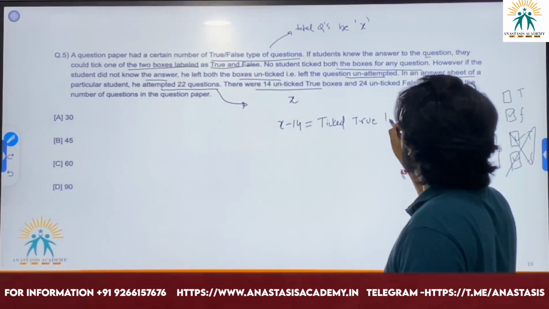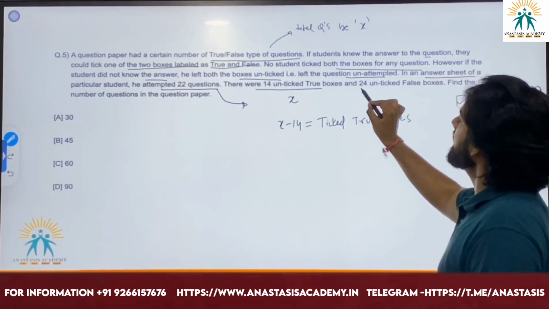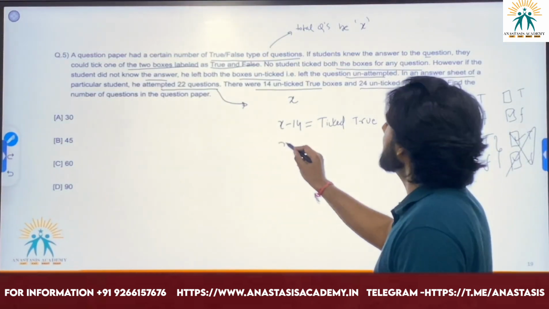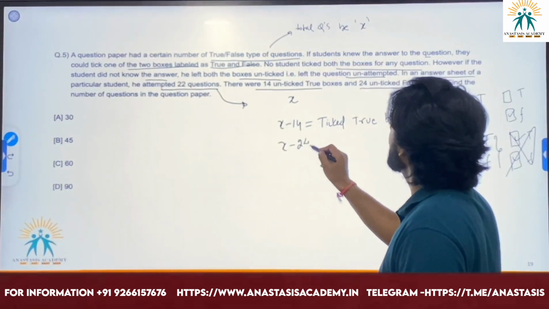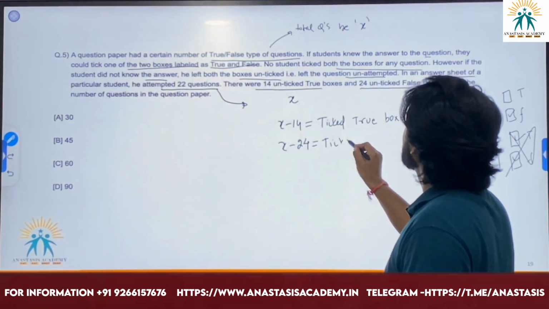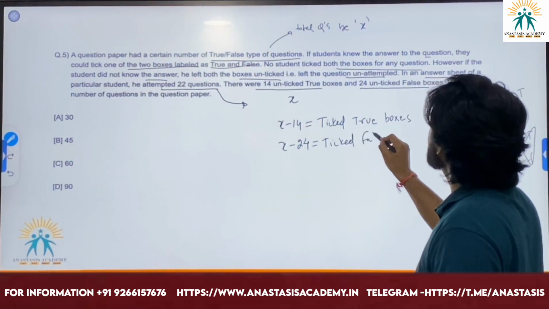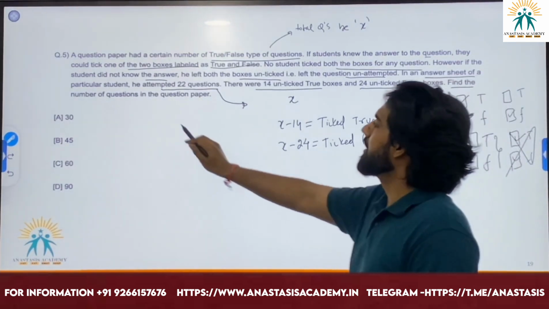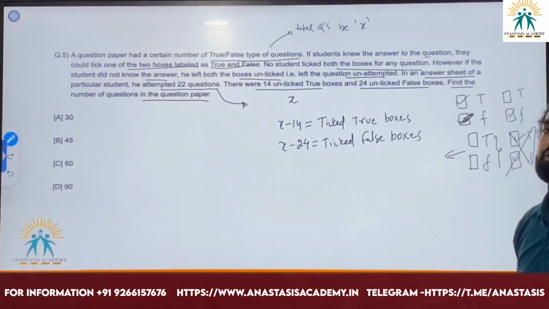It is given that 24 false boxes are unticked, so x minus 24 are the ticked false boxes. Find the number of questions in the question paper. I need to find the value of x.